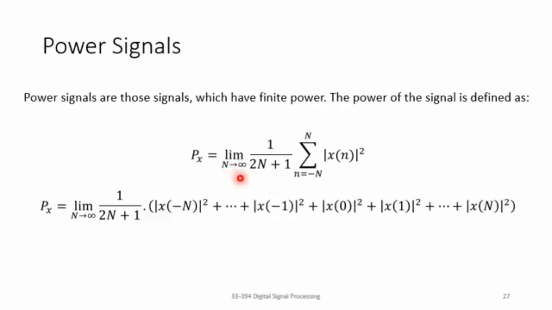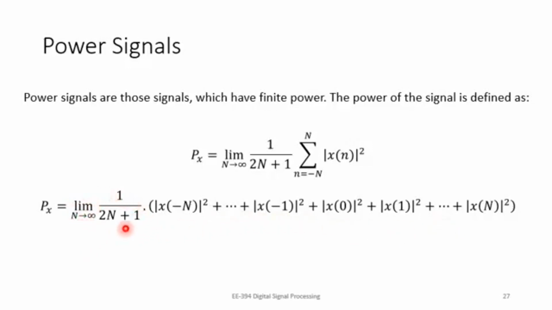So it's like spreading the entire energy to all samples and seeing how much energy each sample gets. So this will be your average power. This will be the power of the signal, and if this number comes out to be finite, then this is a sign of a power signal.